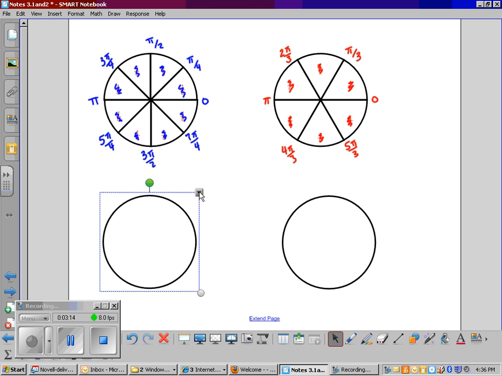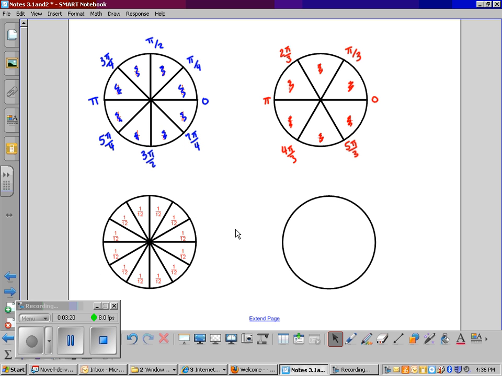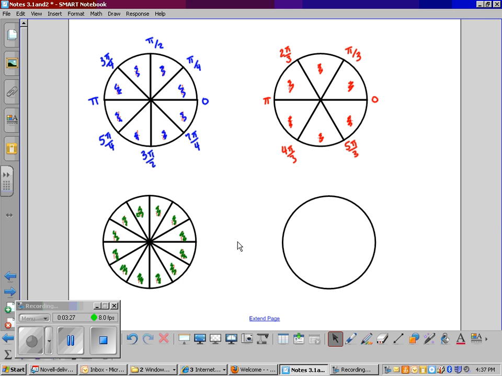I want to subdivide my next circle into 12 pieces. And if I do that, then my 0 to pi section is divided into 6 sections. So each of these little segments represents a central angle of pi over 6.